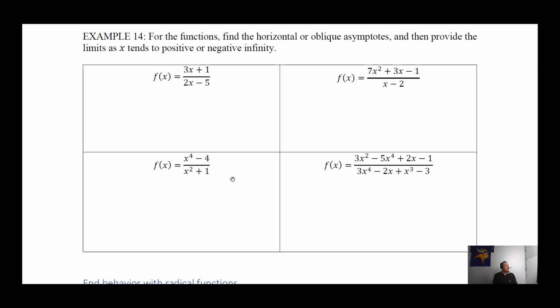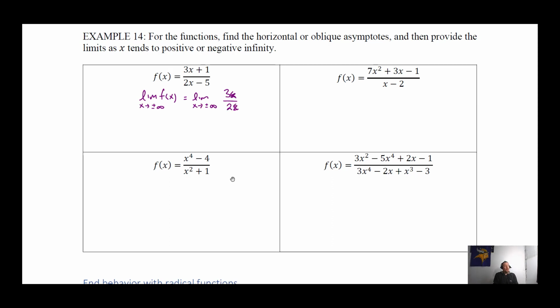So for the first example, the limit of f of x as x goes towards plus or minus infinity is going to be the same as the limit as x goes towards plus or minus infinity of 3x, which dominates the top because the 1 is inconsequential, over 2x.